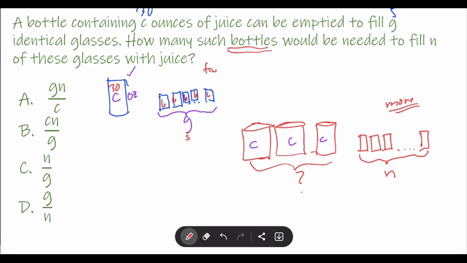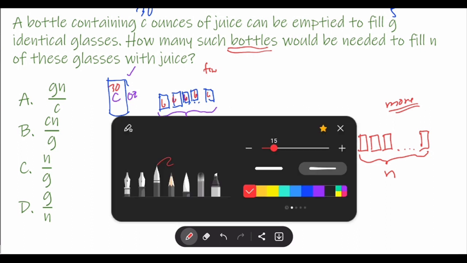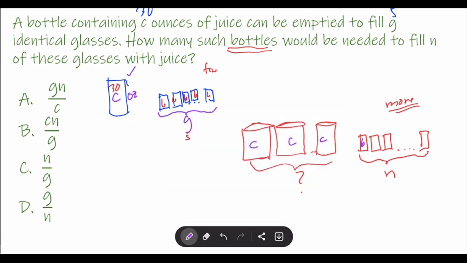Now, if there are N of these glasses with juice, how many bottles would be needed? So if each glass is 6, we need to know first the total ounces.